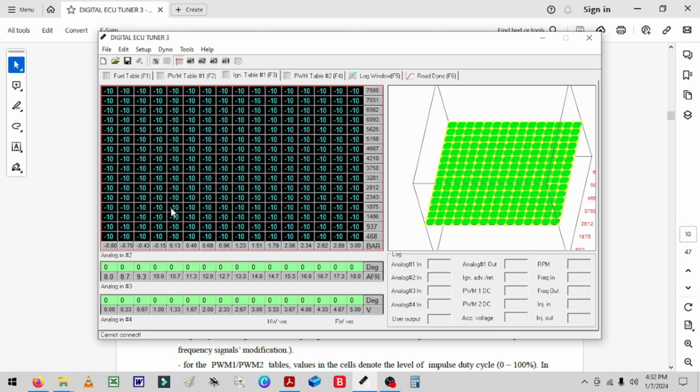That brings it back to zero. So this is where you're going to start. You do have a mechanically advanced system of 10 degrees, but now you've electronically pulled that out so that the computer doesn't know you've done this.